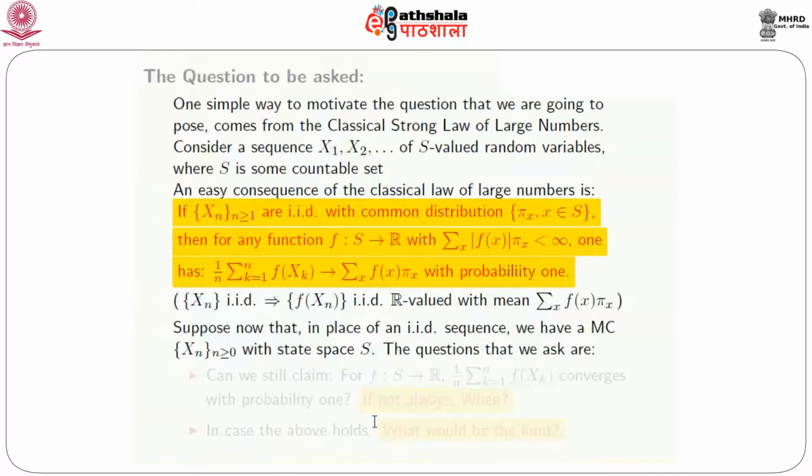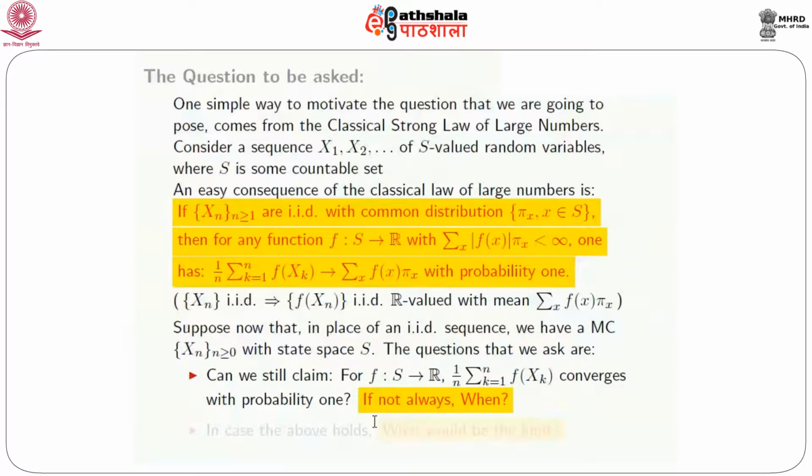Can we still claim, as is the case for the IID situation, that even when Xn is a Markov chain with state space S, for f a real valued function on S, the average 1/n summation k equals 1 to n of f(Xk) converges with probability 1?